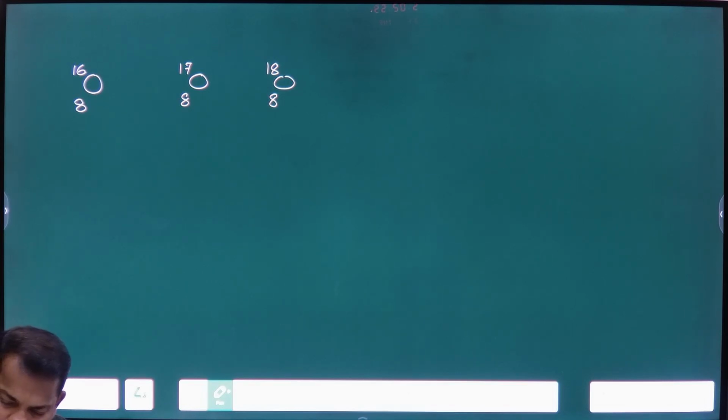Next question. The physical properties of isotopes of an element are different. Give reason.